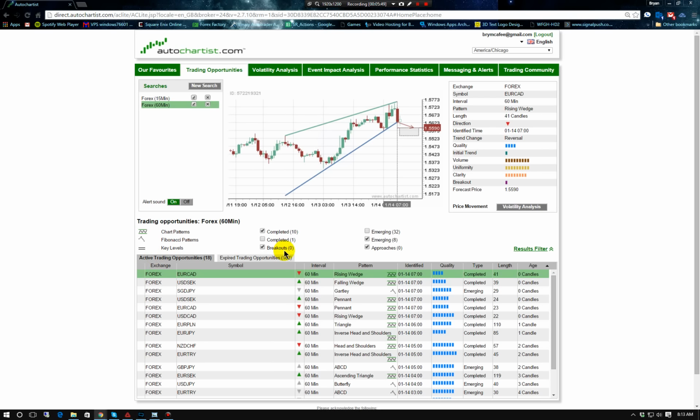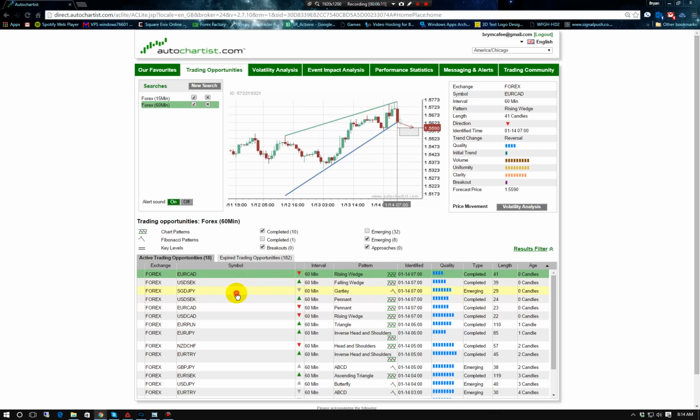So I guess what we'd cover first is what's Autochartist good for. If you're new at trading, it's good to help you develop and learn exactly what it says on the screen: chart patterns, key levels, and Fibonacci patterns. It's great at doing that because you can just take a look at them and it tells you right here what it is. Rising wedge, falling wedge, Gartley, pennant.